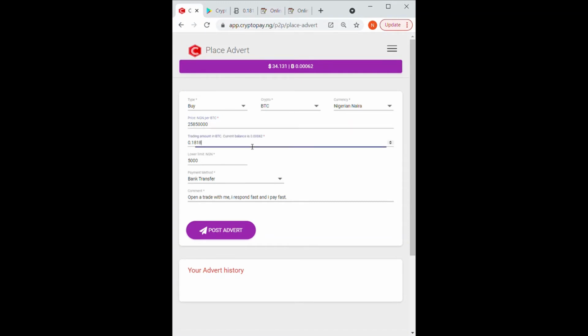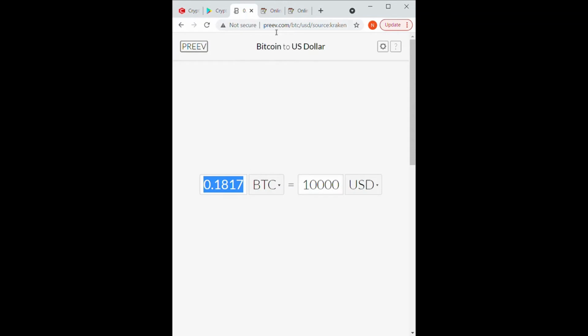The second part is the trading amount. How much are you willing to buy? What's the maximum amount you're willing to buy from people? So here, this number is equivalent to $10,000, 0.1818. To be sure, you can go to priv.com and you type that number there, and it shows you how much it is in Bitcoin value.